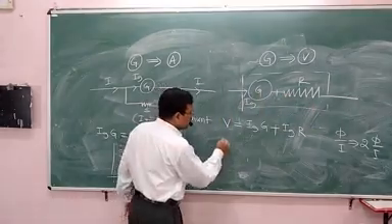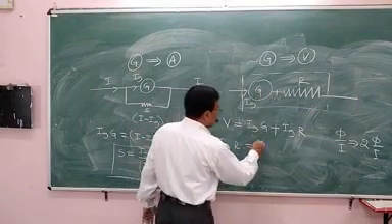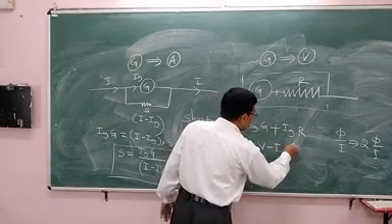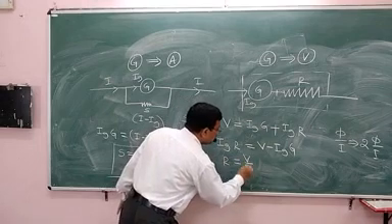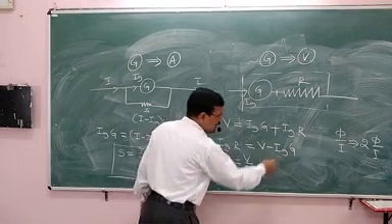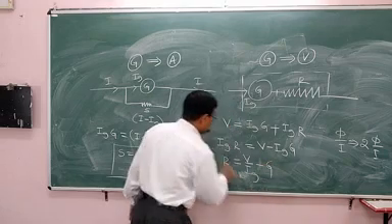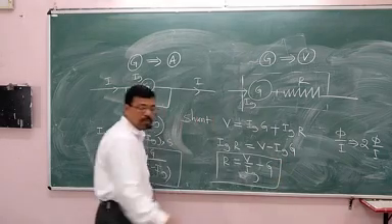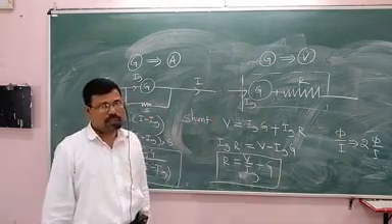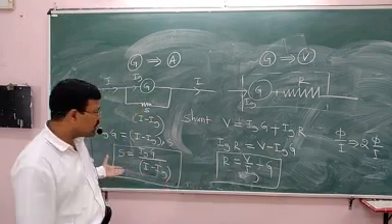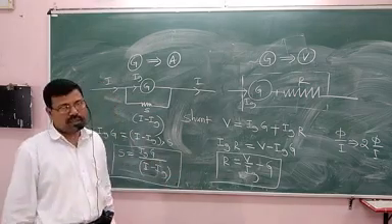So we write Ig into R is equal to V minus Ig G, or in other words, R is equal to V by Ig minus G. So this completes the conversion of galvanometer to voltmeter. In CBSE, they ask numericals on the small resistance and the large resistance.